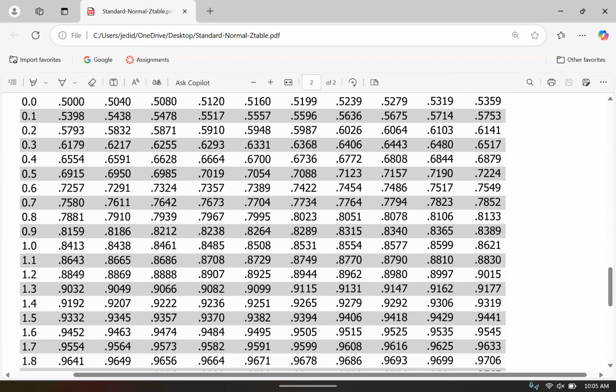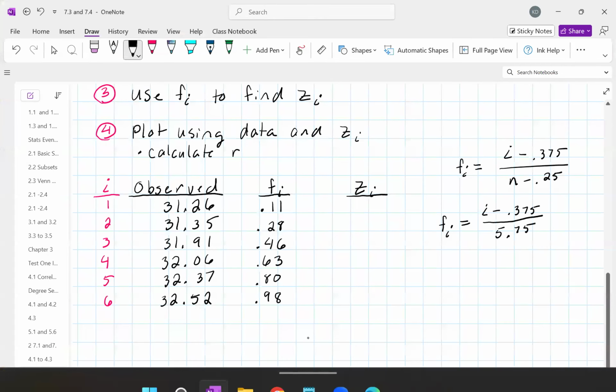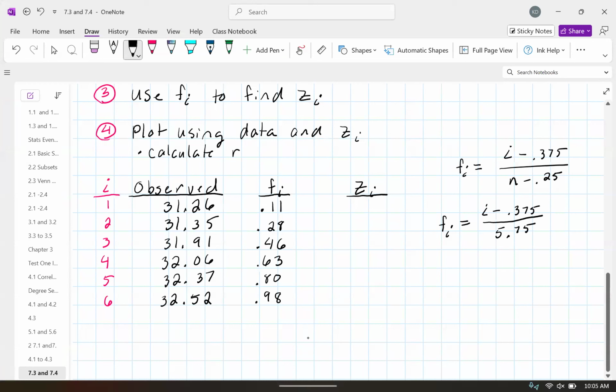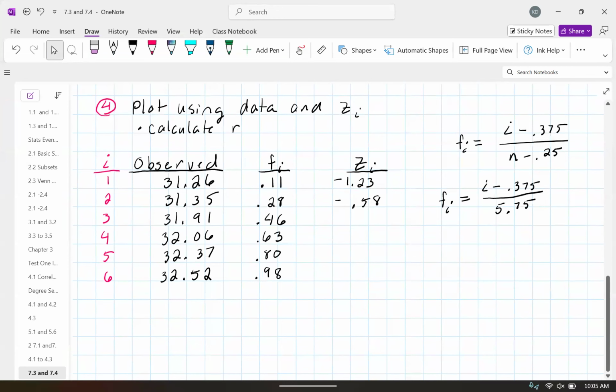Okay. So read the chart backwards, find your values. You'll have to make some judgment calls on which one's slightly closer. So that's fine. All right. Values I found: negative 1.23, negative 0.58. Did I get my Z equation wrong? No, it's okay.